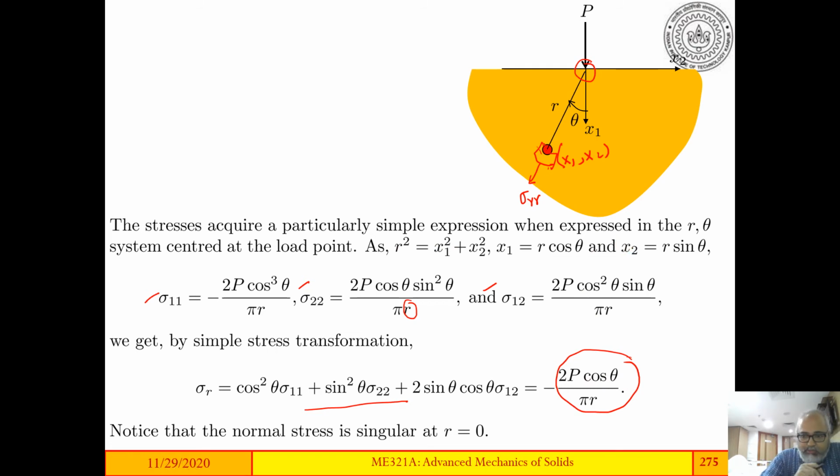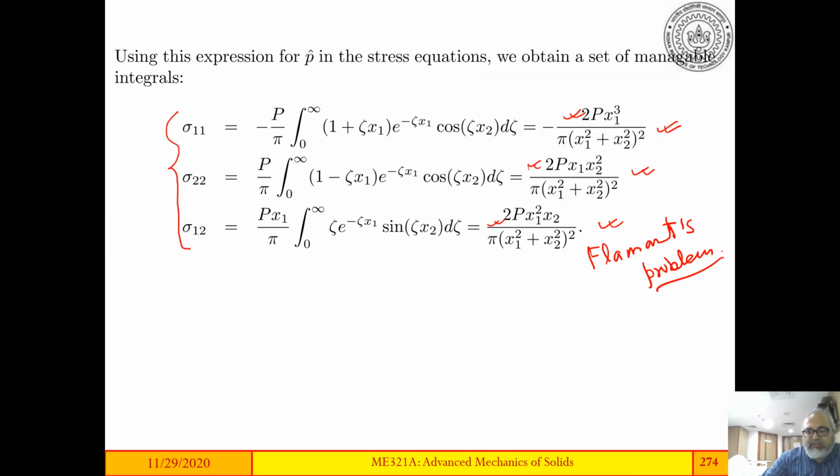Why do we solve this problem? We solve this problem because this forms a benchmark solution from which more difficult solutions of more realistic problems can be derived. For example, you now have this solution for P equal to 1, for a unit load applied at the origin.